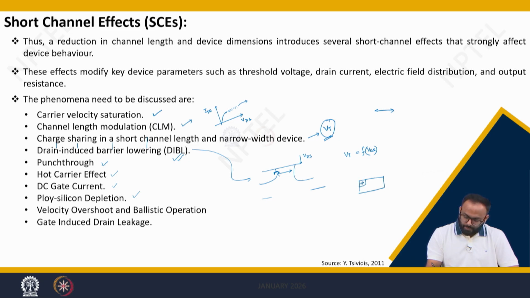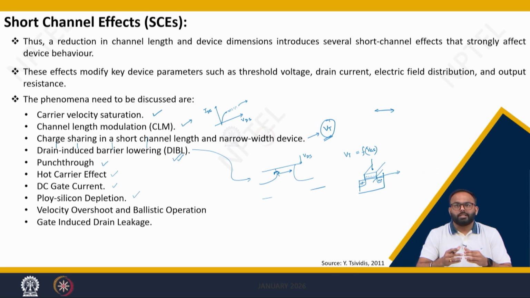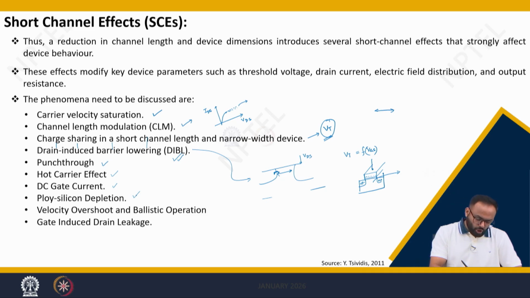So if this is N plus, this is N plus, instead of making it with metal, we will make it with polysilicon. And when you operate this MOSFET by applying sufficient voltages like VGS, VDS, the polysilicon also gets depleted. So polysilicon depletion will significantly alter the charge and potential balance in the intrinsic part of your MOSFET. That really needs to be discussed thoroughly.